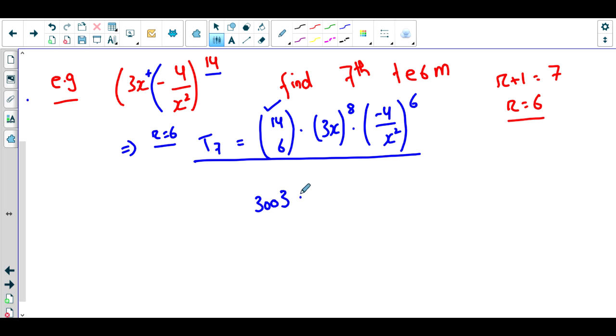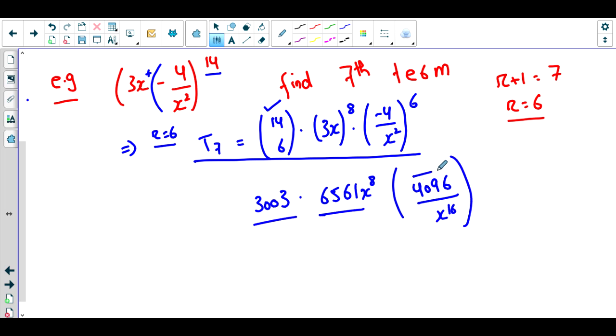And 3 power 8 is 6561. 6561 x power 8 is going to be a big term, so better to write it like this, into minus 4 power 6, which is 4096, divided by x to the power 12. Now these constants can be multiplied and x can be simplified, so this will be your answer.